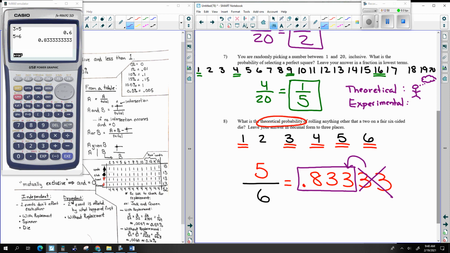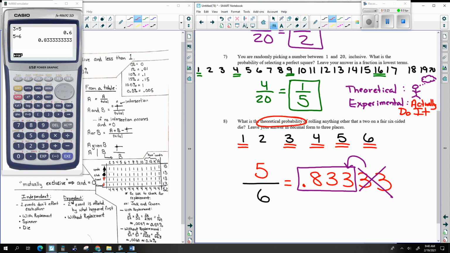Now, if we were to actually roll a die and figure this thing out, then that is experimental, where you actually do what you're trying to do.